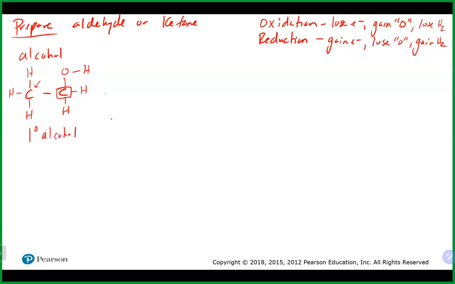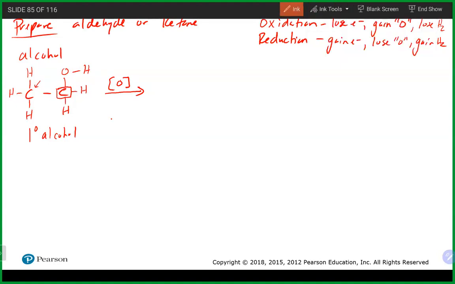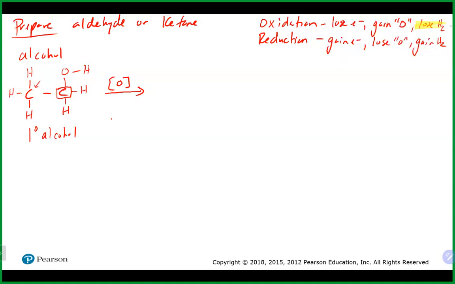And when we do an oxidation reaction of a primary alcohol, the definition that we're going to be looking at here is actually the loss of hydrogen. And which ones are they going to be? They're always the hydrogen that's attached to the oxygen and one of the hydrogens that's attached to the carbon that's attached to the oxygen. So it's always those two.